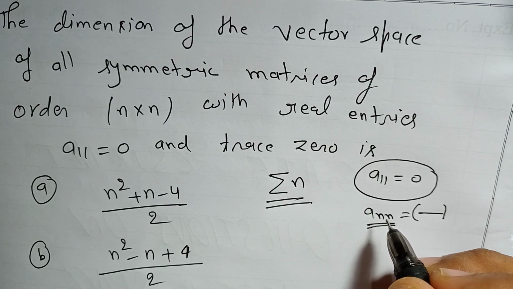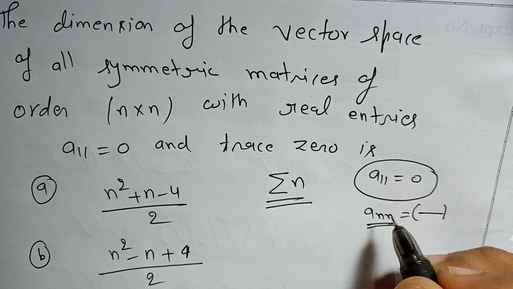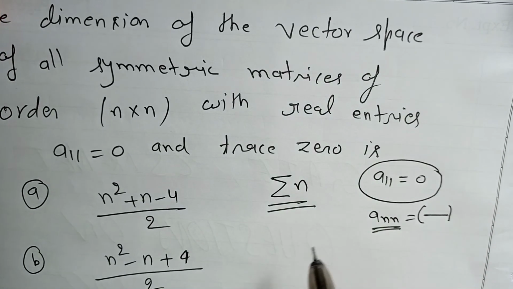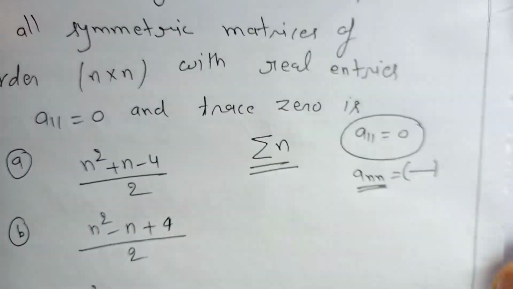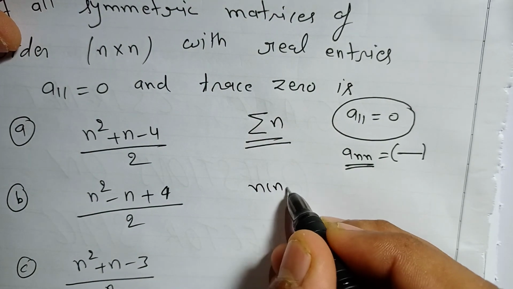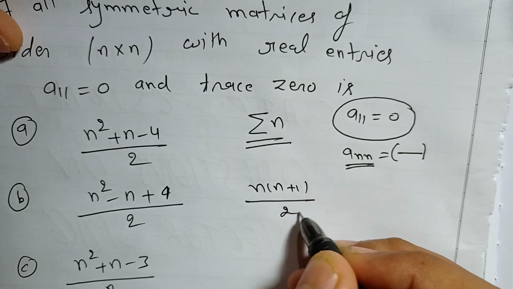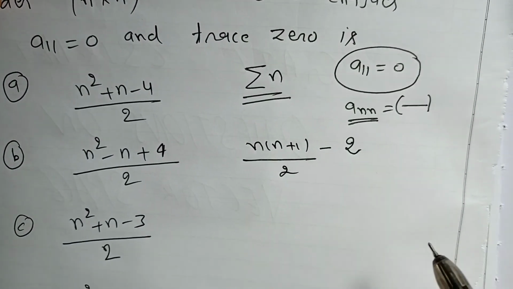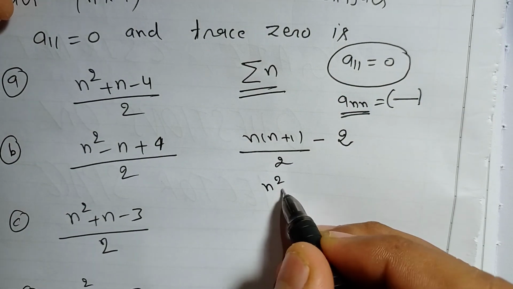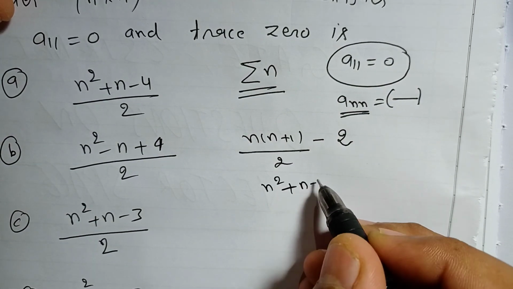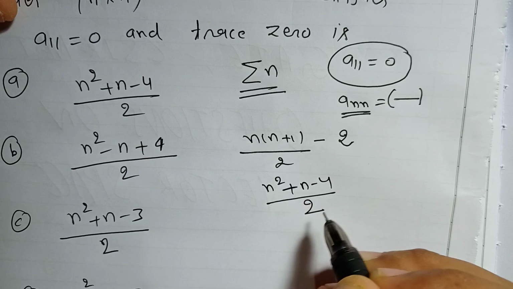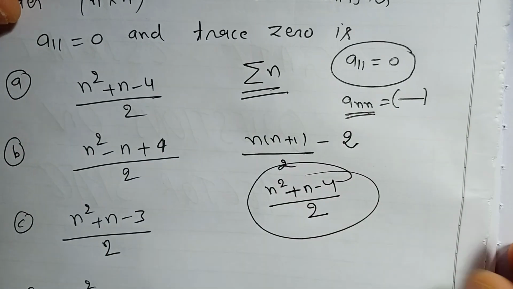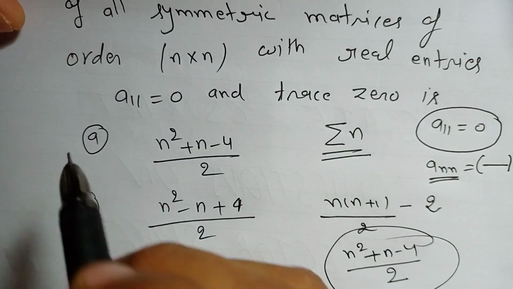So there are two dependent variables here. We have n(n+1)/2 minus 2, so (n square plus n minus 4)/2. This is the answer.